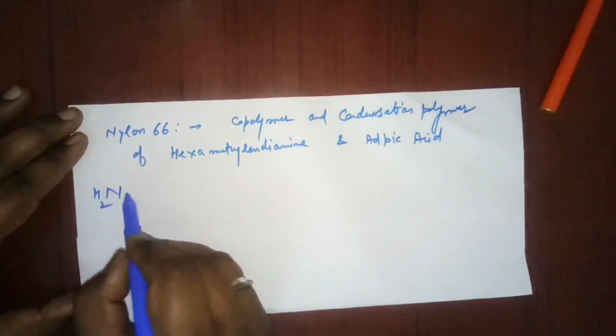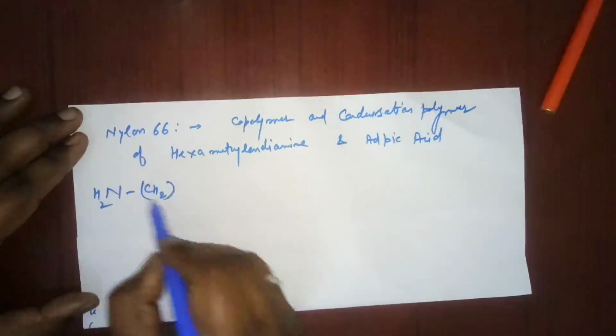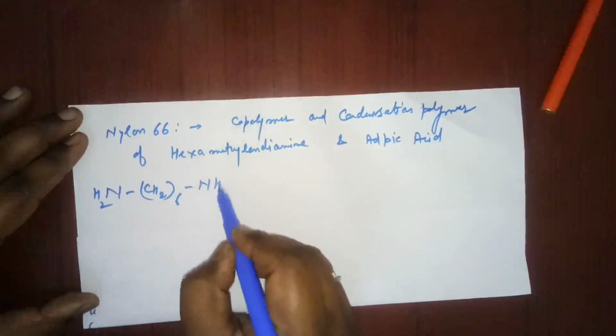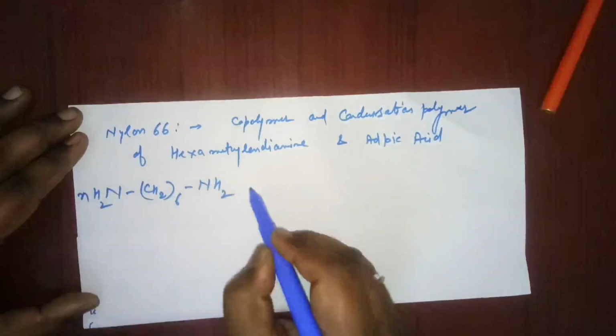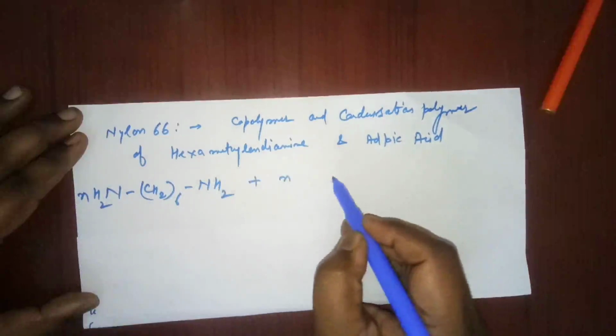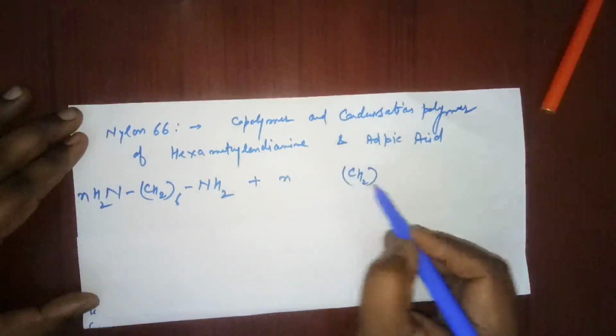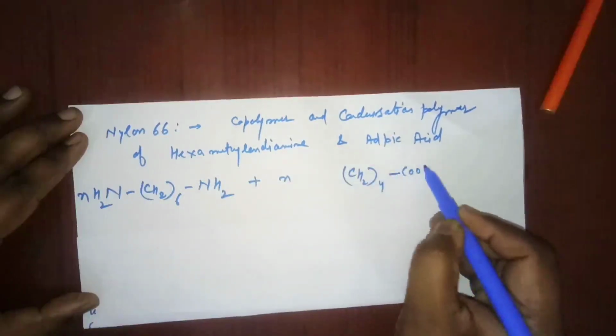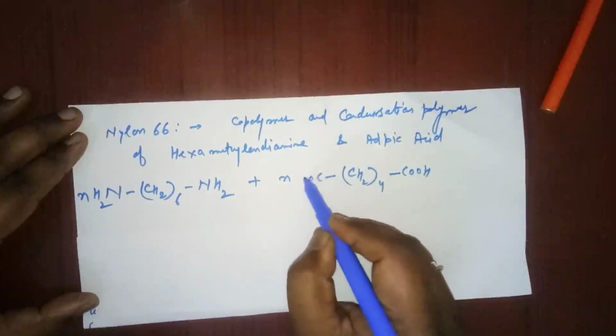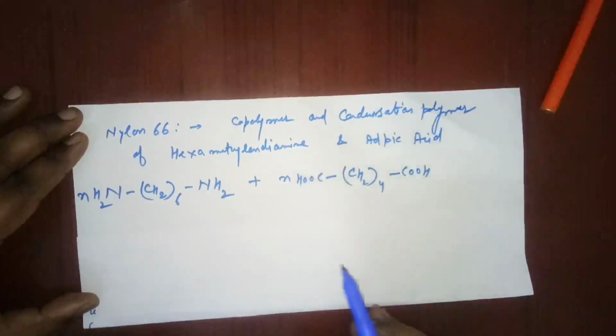Hexamethylene diamine is NH2 (CH2)6 NH2, and adipic acid is this molecule.